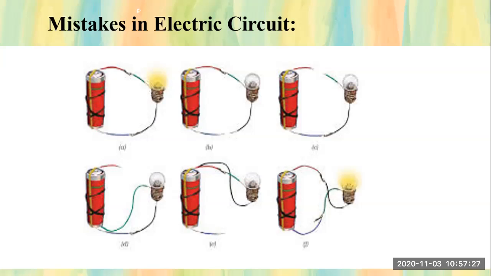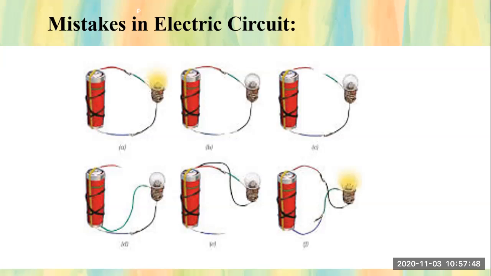The same scenario is in figure E. Both terminals of the bulb are connected to the positive terminal of the cell, and the negative terminal of the cell remains open, hence no current flows. The circuit is open, right? Hence it is incomplete. There is a mistake in this electric circuit.